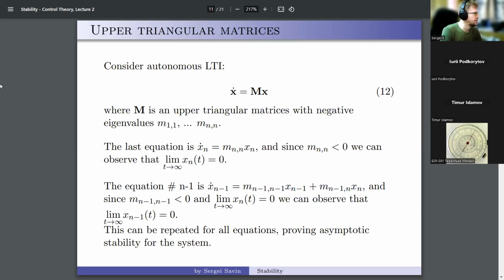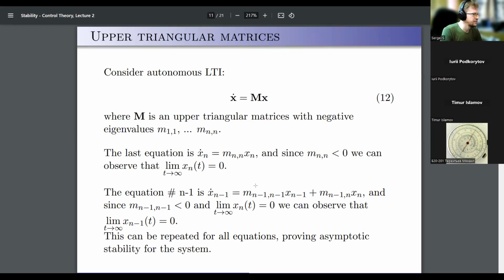Let us observe that this, I will show it in green, is an eigenvalue, so this is a negative number. We don't know anything about x sub n minus 1, so this so far is a mystery. But we know everything we want to know about this guy. This guy approaches 0.